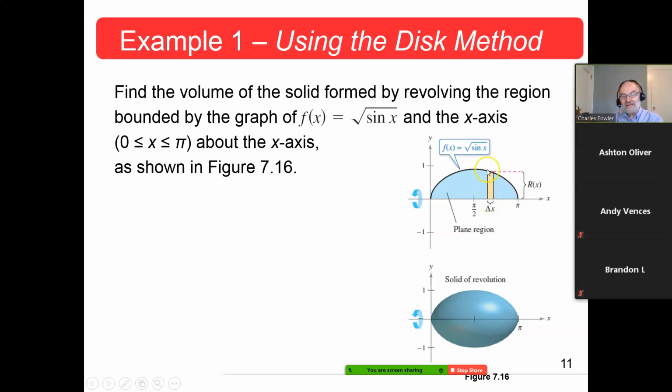So it's square root of sine x minus 0, which is just square root of sine x. That's the length of that rectangle. The thickness is delta x, and that radius is what you're going to square. So you've got pi times this thing squared times the dx from 0 to pi.